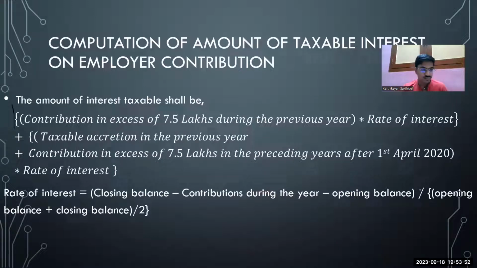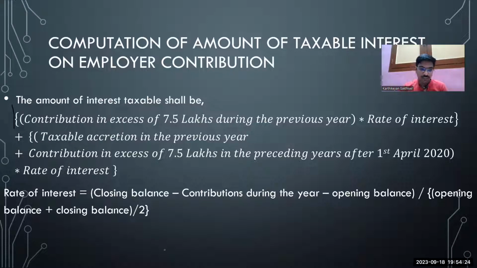The amount of interest taxable shall be contribution in excess of 7.5 lakhs during the previous year into rate of interest plus taxable accretion in the previous year plus contribution in excess of 7.5 lakhs in the preceding years after 1st April 2020 into rate of interest. இதுதான் கொடுத்திருக்க ஃபார்முலா. இந்த ஃபார்முலாவோட டெரிவேஷனே புரிஞ்சுட்டோம், பார்த்துட்டோம் நம்ம. இப்போ இது புரிஞ்சிச்சா புரியலையா?